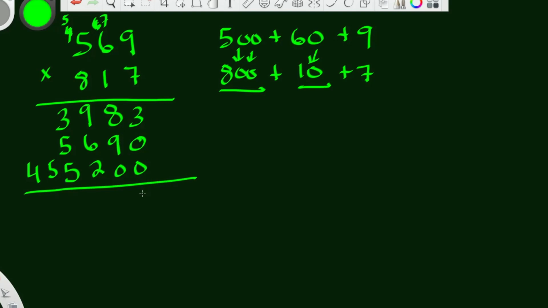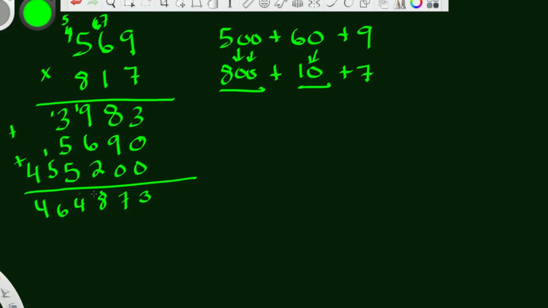3 plus 0 is 3. 8 plus 9, 17. Carry the 1. 1 plus 9 is 10. Plus 6, 16. Plus 2, 18. Carry over the 1. 1 plus 3 is 4. Plus 5 is 9. 14. 1 plus 5 is 6.